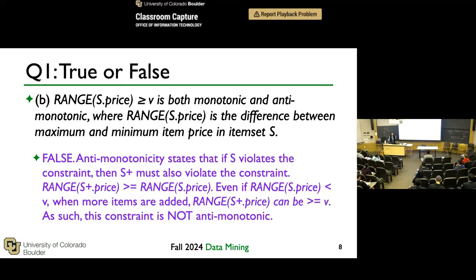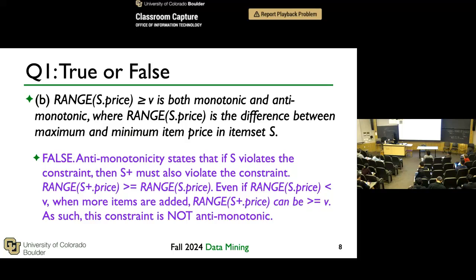The range may not be the best example. Let me think about it. Range is actually the wrong one to use, because even with ordering, I cannot control it.